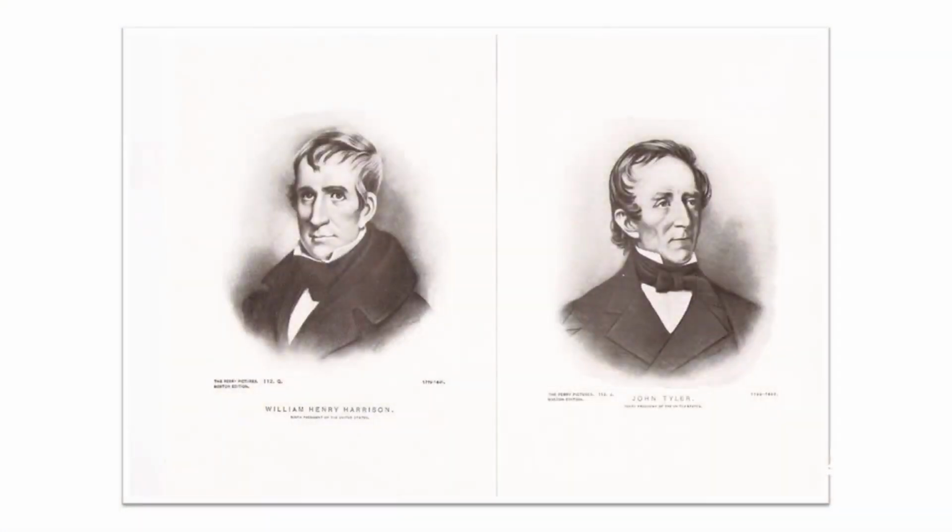It wasn't clear, but John Tyler sort of made the decision once William Henry Harrison died that he would be called the president, and there was a lot of discussion about it. But it was sort of understood, through history, that if the president dies in office, the vice president becomes the president. The only issue was, well, what about another vice president? Let's say this vice president would have to be removed from office.